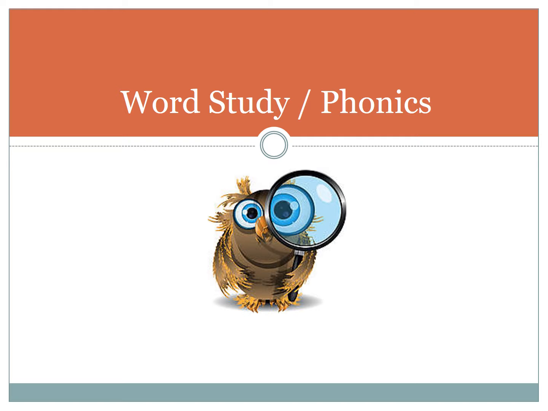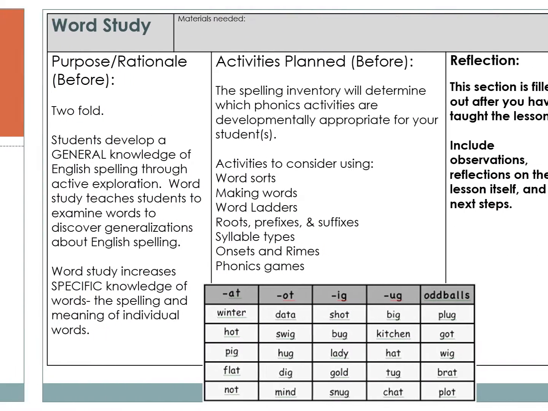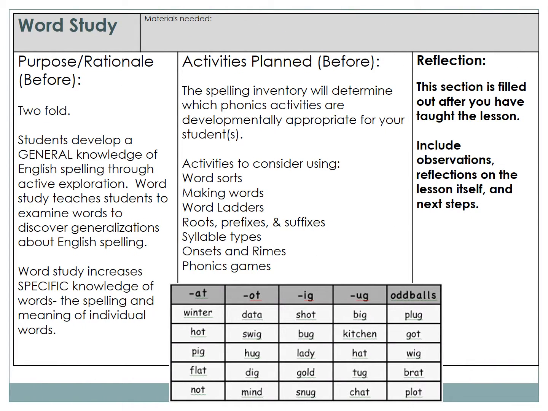Word study or phonics. The purpose of word study is twofold. Students develop a general knowledge of English spelling through active exploration, and word study teaches students to examine words to discover generalizations.